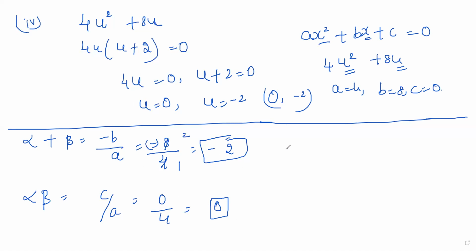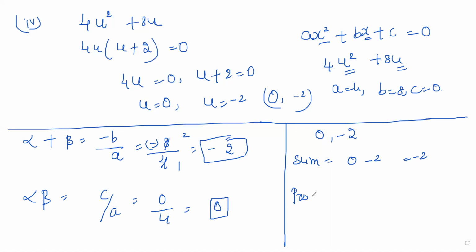Now we have got the two answers, sum and product of zeros. Let us verify with the values, children. What are the values here? 0, comma, minus 2. By factorization method, we have got the answers. 0 and minus 2 are the values. So sum of the zeros is equal to 0 minus 2 is equal to minus 2.